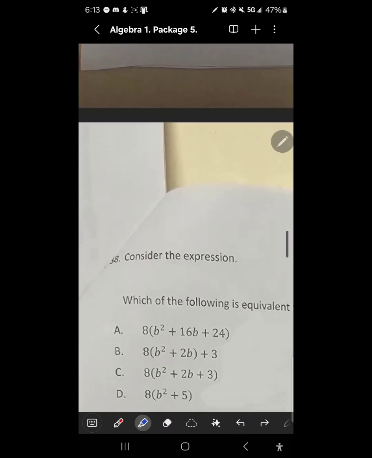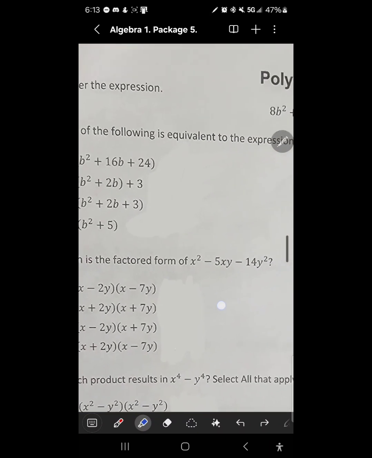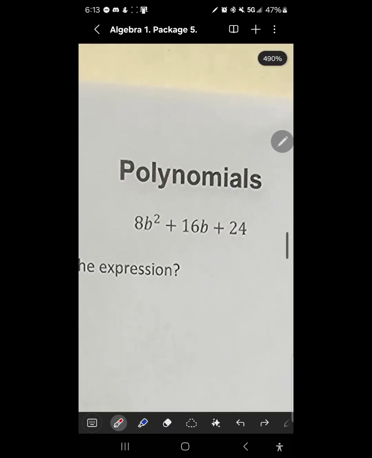Yep. Now consider the expression, which of the following is equivalent. So first, they're taking out an 8. I'm going to start with that. 8 divided by 8 is just 1, so b squared. 16 divided by 8 is 2b. 24 divided by 8 is just 3. So I have this.